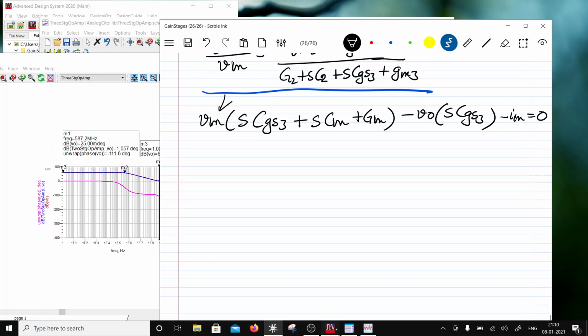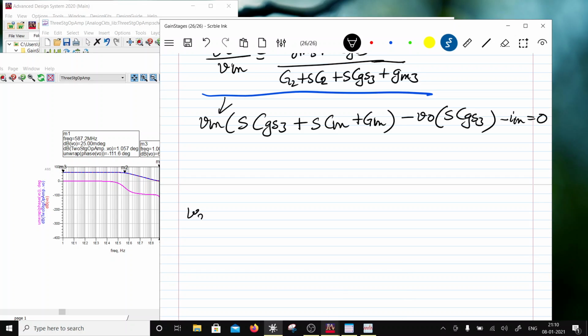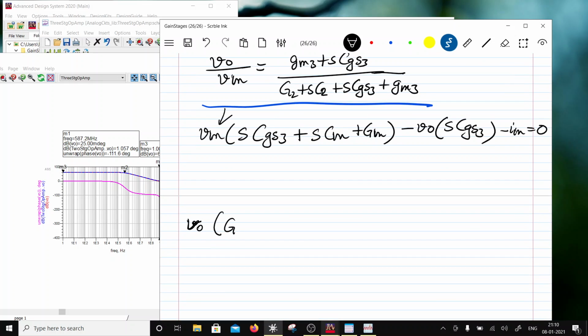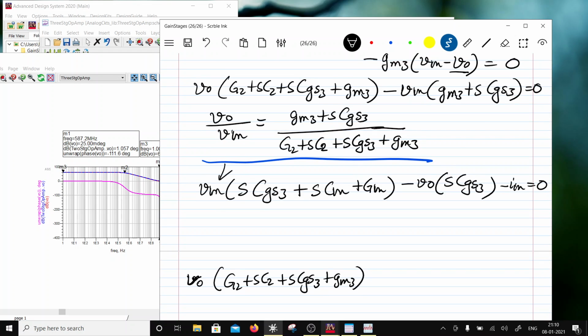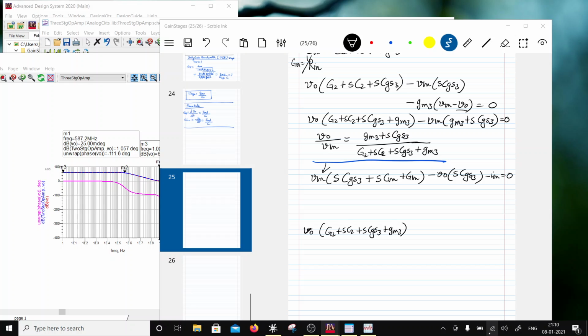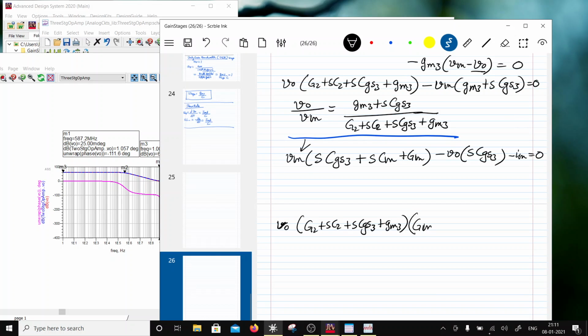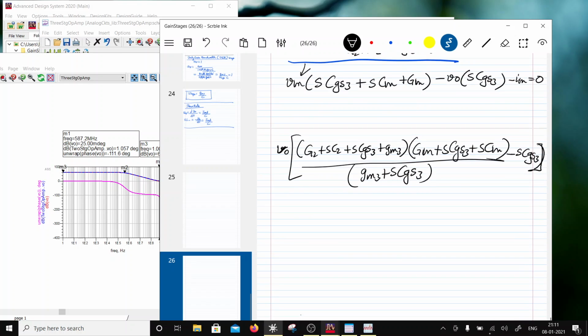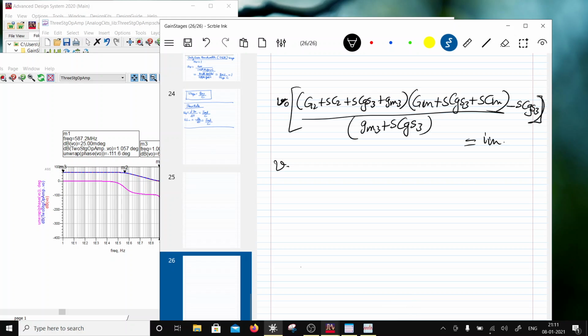So in this case this would become VO times (G2 plus SC2 plus SCGS3 plus GM3) times this term, so that would be (G in plus SCGS3 plus SC in) times this thing, divided by (GM3 plus SCGS3), minus of this term SCGS3, correct, is going to be equal to I in. So I would have a transfer term which is VO by I in.